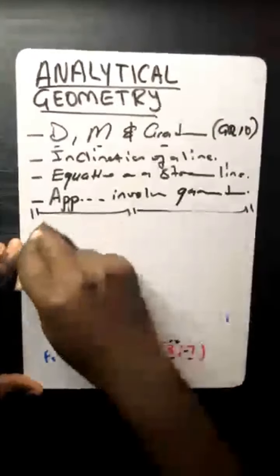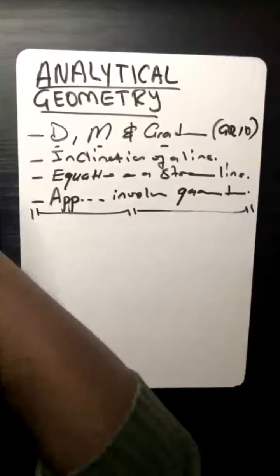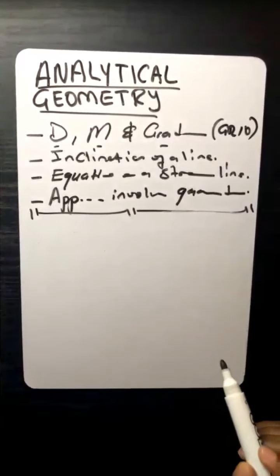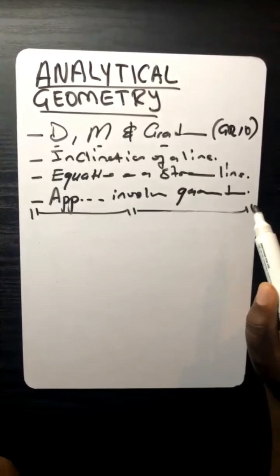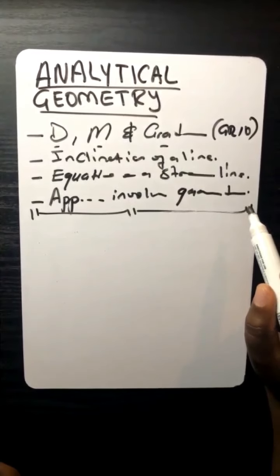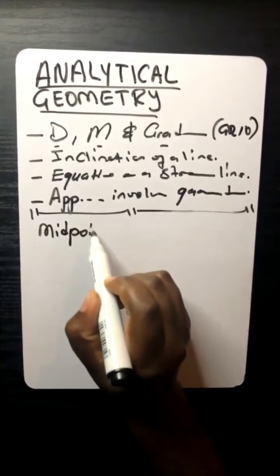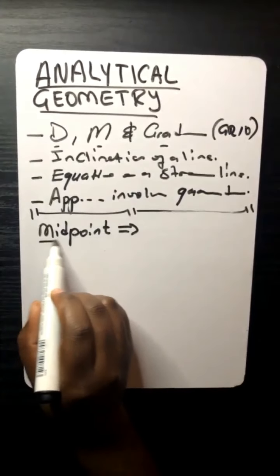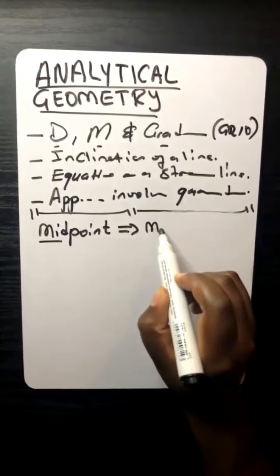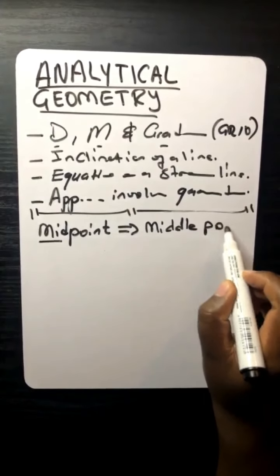I've explained all that I wanted to explain with regards to the distance formula. Now let's talk a little bit more about the midpoint formula. So, guys, the word midpoint: consider that mid refers to the middle point.